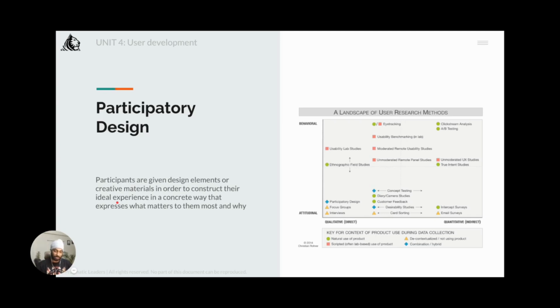Policybazaar or CarDekho, where you're buying a car. So it could be designing the entire experience, the entire journey of finding and discovering a good used car. For example, if you're buying a used car from CarDekho, it has multiple steps, right? Firstly, discovery of the car itself. So how do you search? How do you filter? That is one.